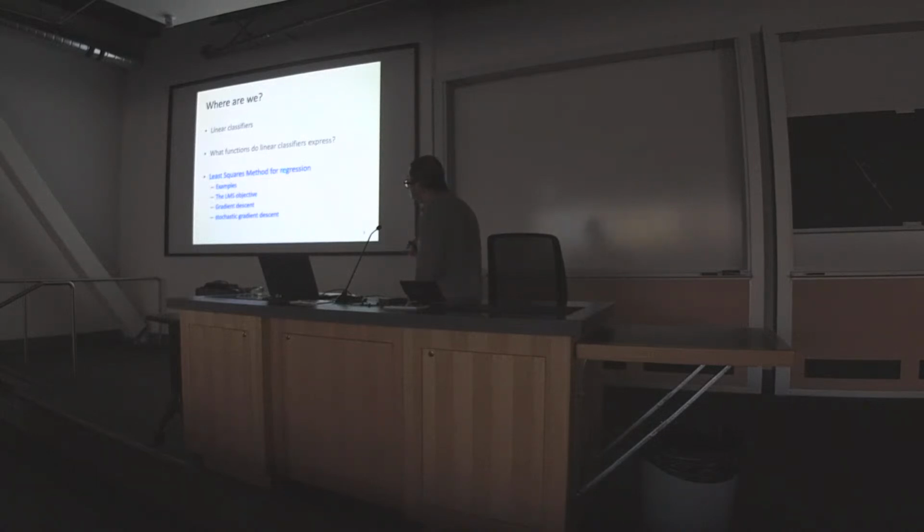So we're talking about least square method for regression. We'll start with some examples, and we'll propose the so-called least mean square objective, which can be viewed as the cost function. And we'll talk about how to optimize this function to get the parameters. We know that the linear models have two parameters, the weight vector and the bias parameter.